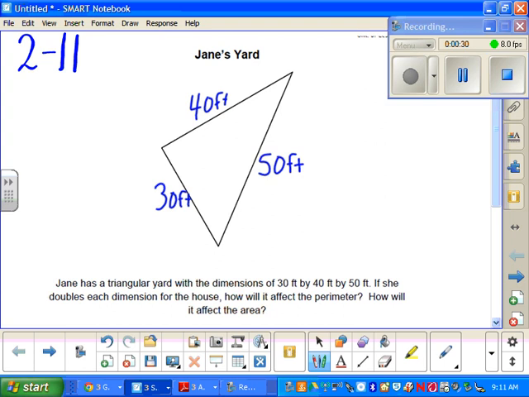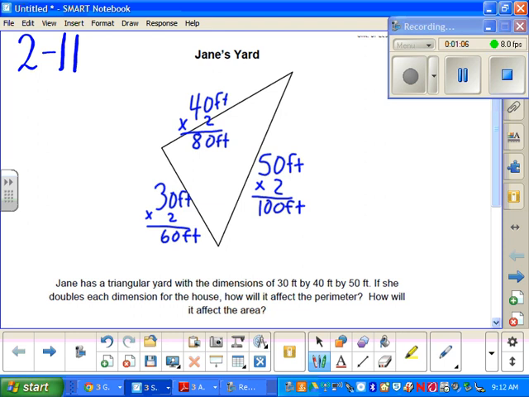Now, if she doubles each dimension for the house, how will it affect the perimeter? So we're going to go ahead and multiply each dimension by 2 because that's what it means to double. Okay, so to see how it's going to affect the perimeter, we're first going to find the perimeter of our original.